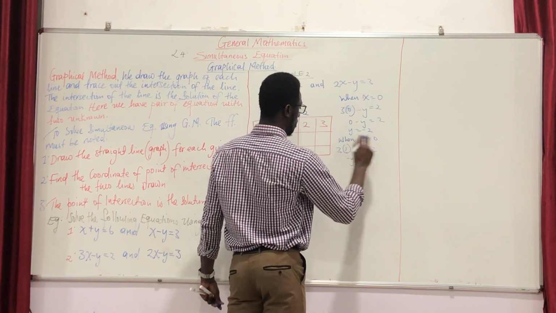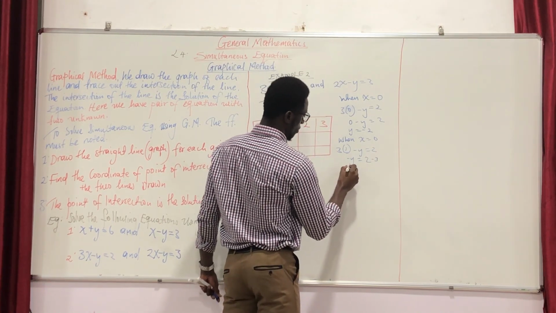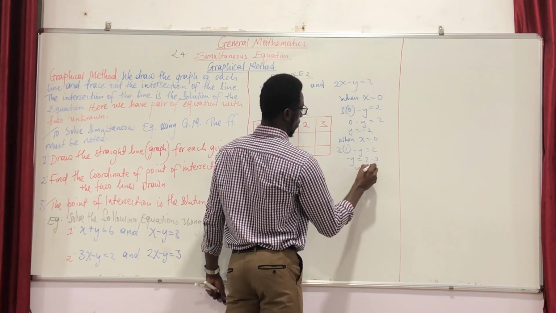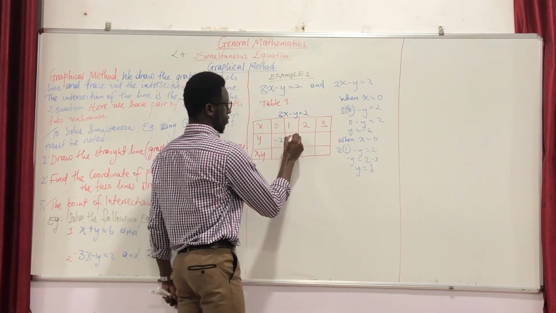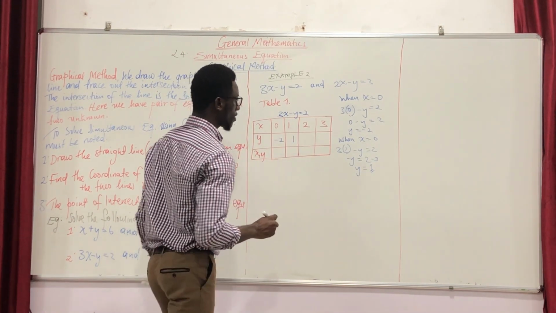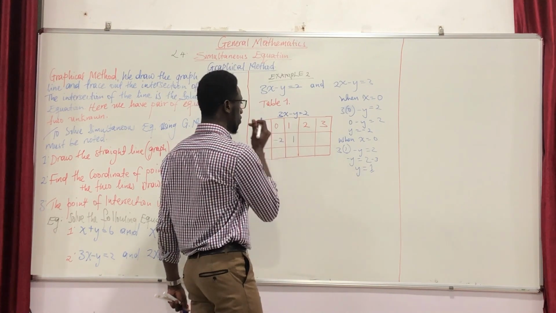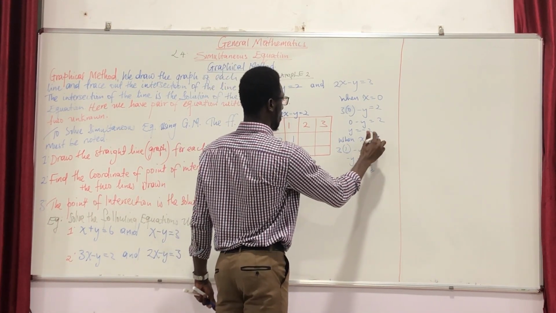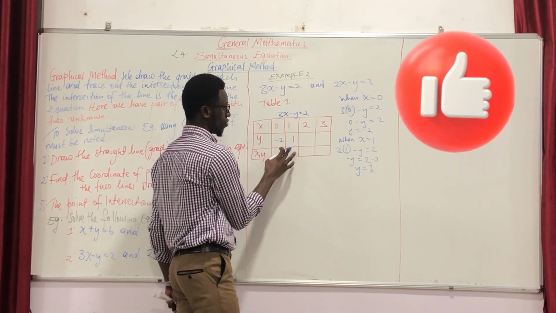We transpose this 3: 2 minus 3 is minus 1. The minus cancels, so y equals 1. When x is 1, y is also 1.